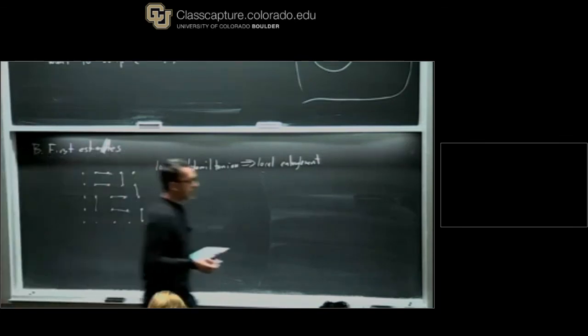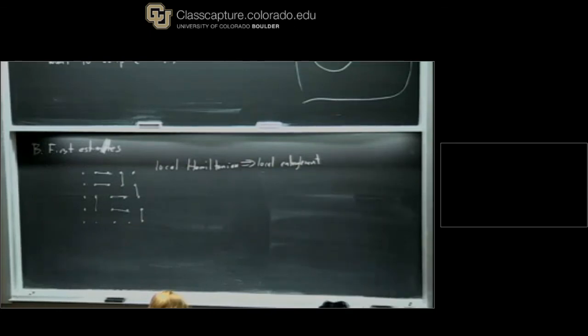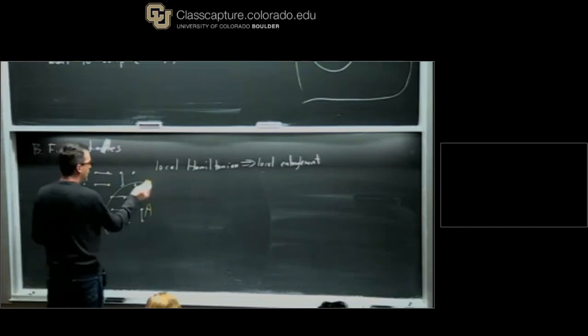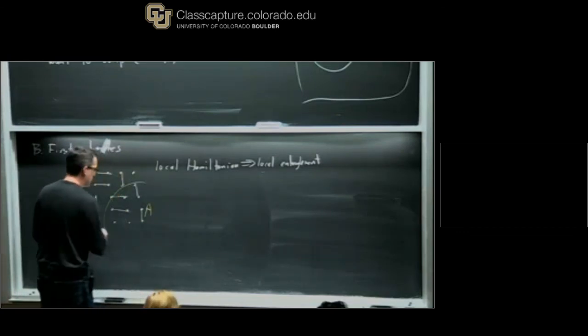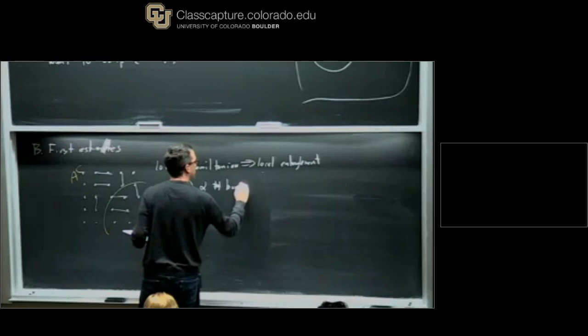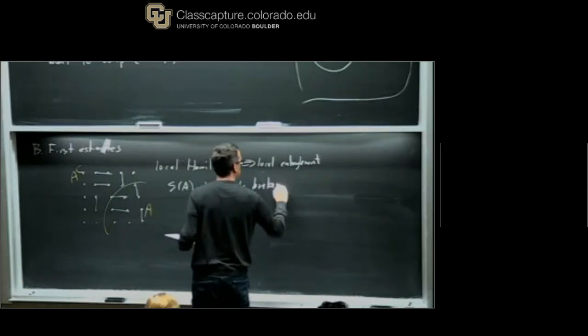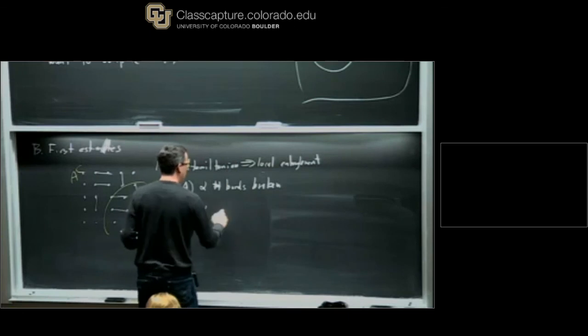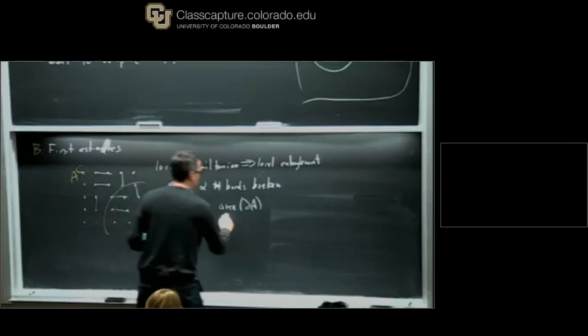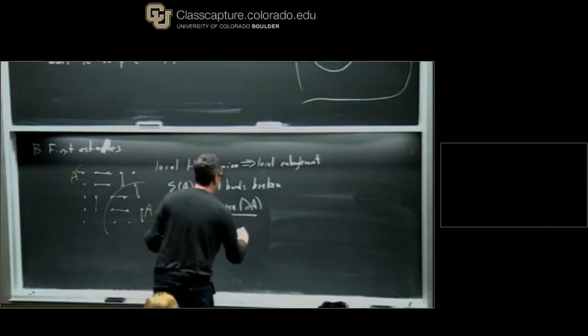Okay? And then I divide this up according to some entangling surface. So I have, this is an A complement. And basically, the entropy I get, so S of A, is going to be proportional to the number of bonds broken, which is basically going to be the area of the entangling surface measured in lattice units.